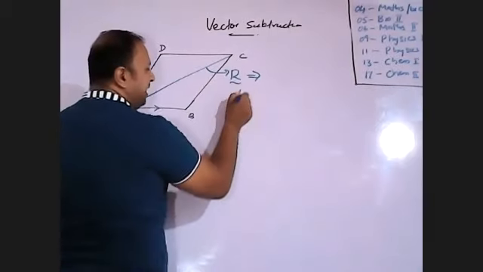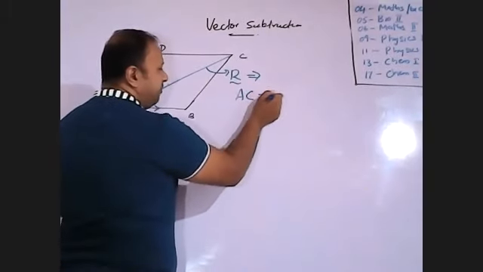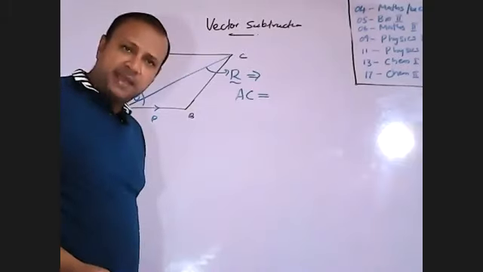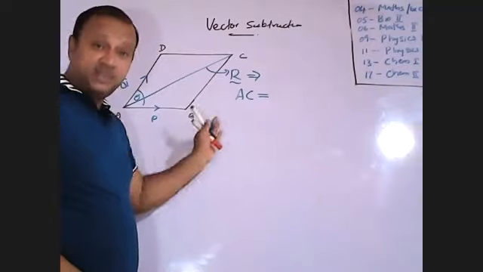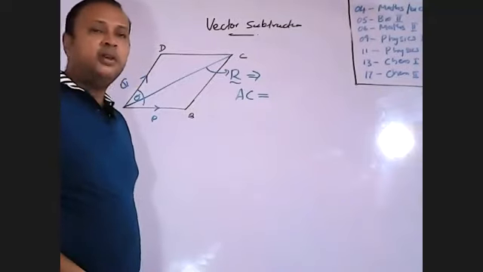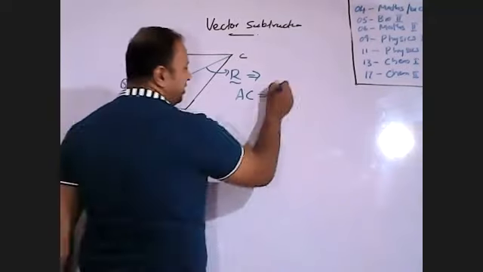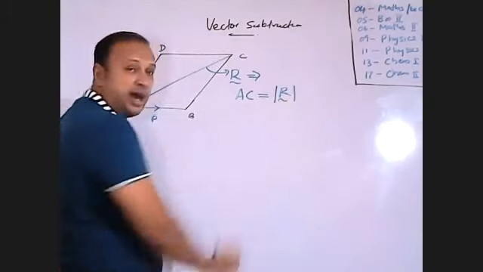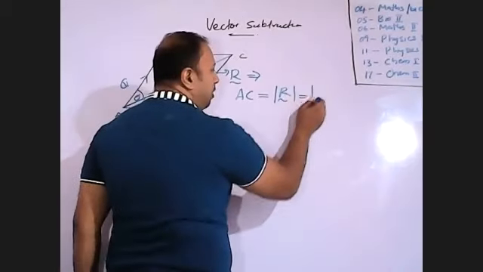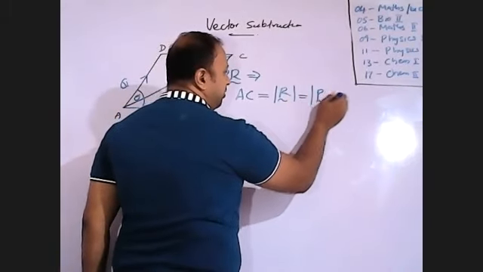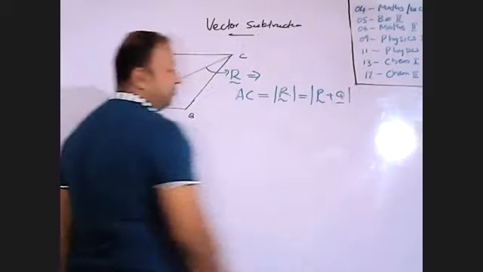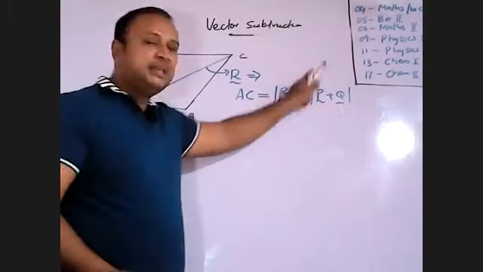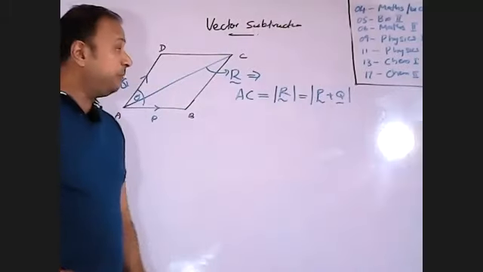Therefore, AC length can be written as the modulus of the resultant vector, the modulus of R, or modulus of P vector plus Q vector, which means the resultant force of P and Q.